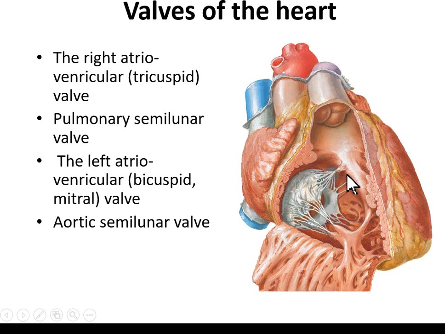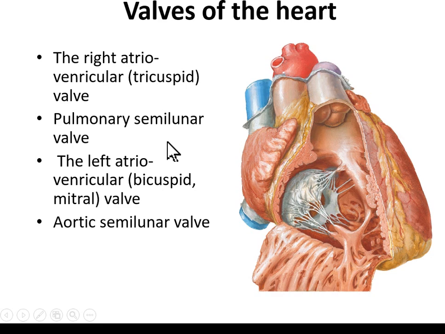From the right ventricle originates the pulmonary trunk. The opening of the pulmonary trunk is regulated by the pulmonary semilunar valve. From the left ventricle originates the aorta. The opening of the aorta is regulated by the aortic semilunar valve. There are right and left atrioventricular valves and pulmonary semilunar and aortic semilunar valves.